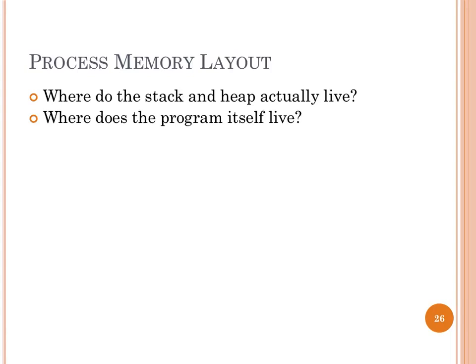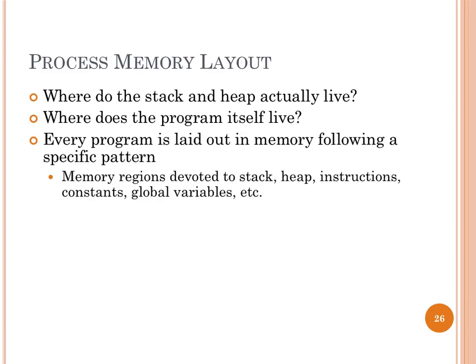Alrighty. So, where do these things live? We're going to talk briefly about this, and we're going to talk about it at a really high-level, hand-wavy way right now, because we're not going to talk about this until we get into like week 7, week 8 of the class. So where does the program itself live? Every program has a certain memory layout. Okay? And it turns out that they all follow the same pattern because that makes it easier to construct systems. So every operating system has a specific way that it lays out its programs.